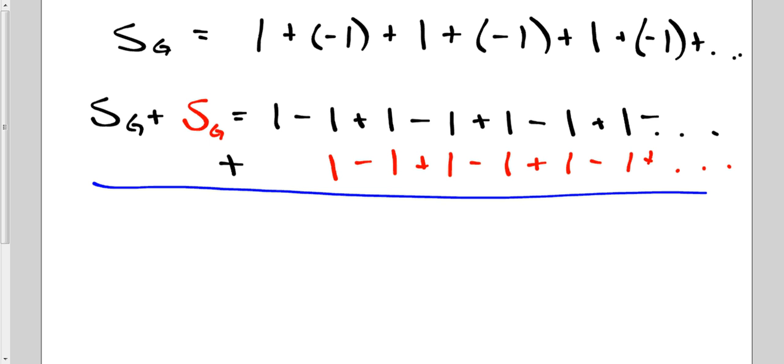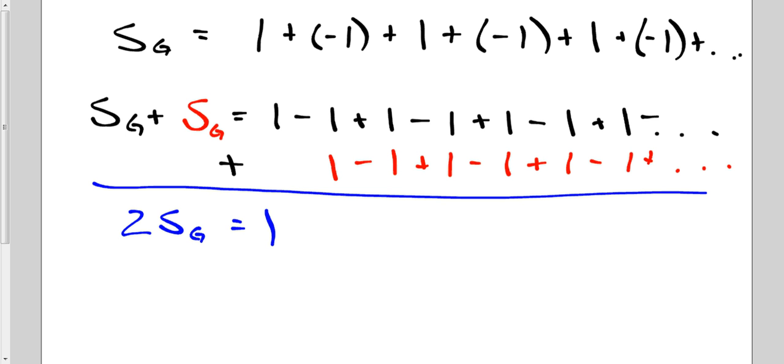What do I get when, well, first of all, what's the left side of my equation? 2S sub G. 2S sub G equals. Now, add 1 to nothing, I get 1. -1 plus 1 is plus 1 minus 1.